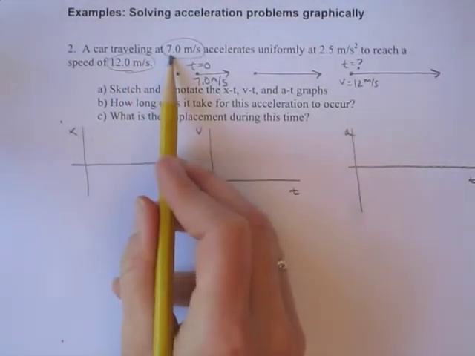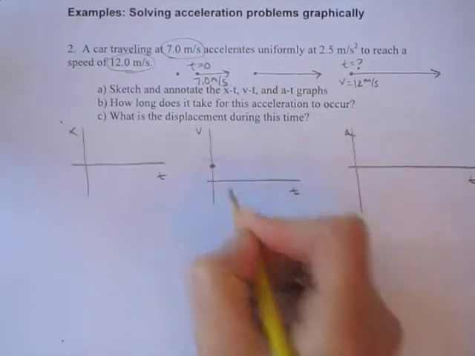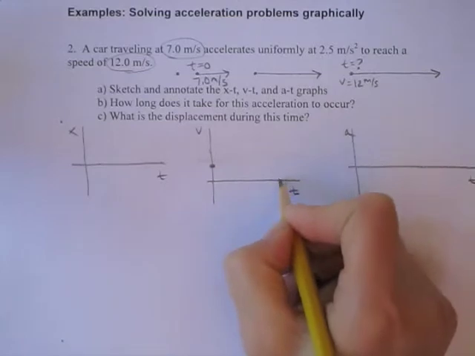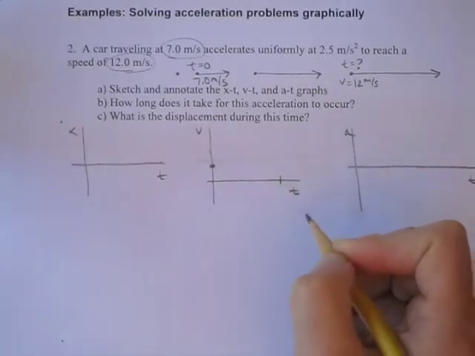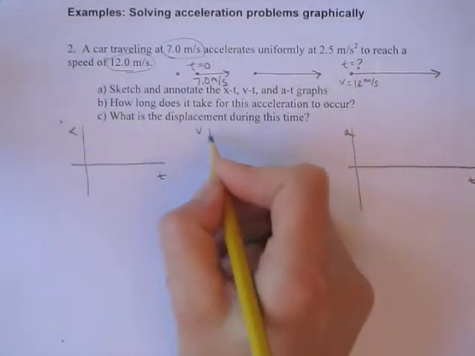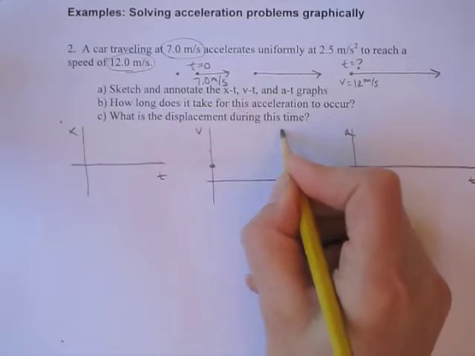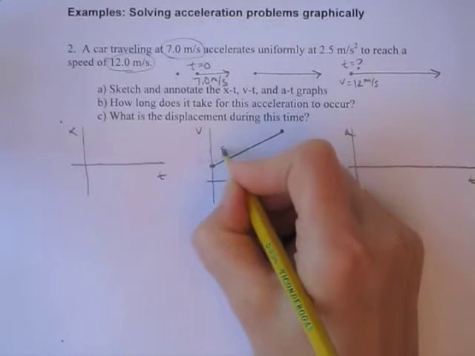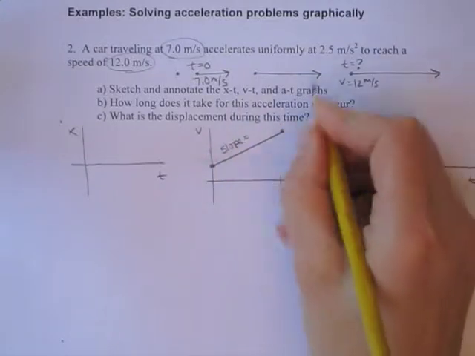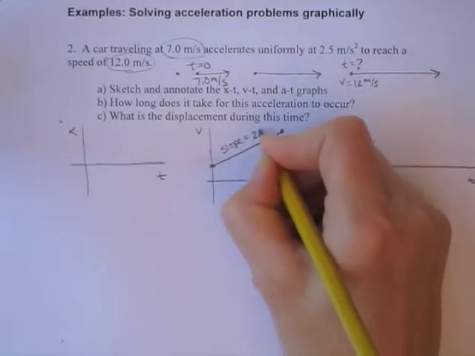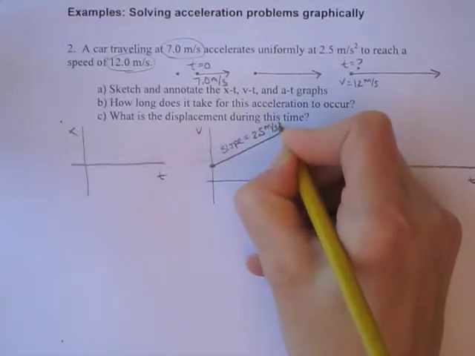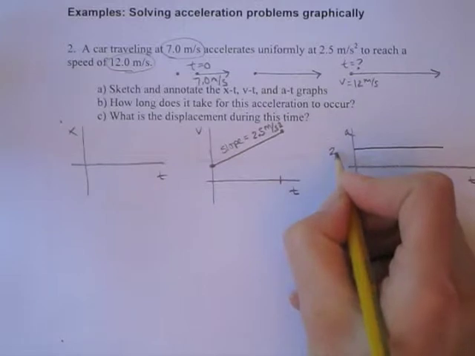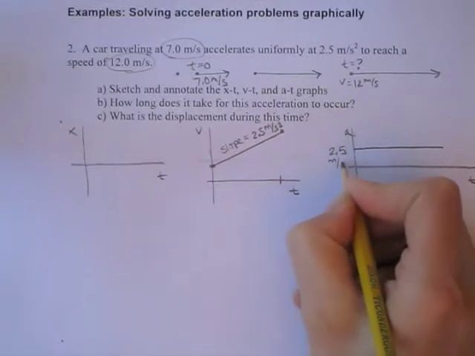It starts with a velocity here that's positive at the beginning, and then at some later time it has a velocity of 12, so up here. And the slope is the acceleration, which would be 2.5 meters per second squared. And that's a positive acceleration.